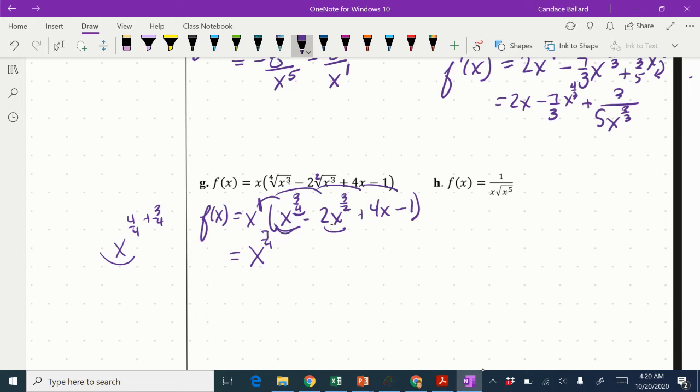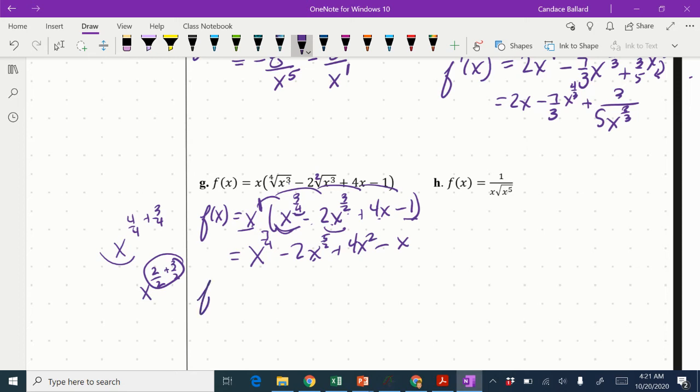To multiply by the second one, I would need it to be x to the 2 halves, so I have a common denominator. And then I'm going to add those exponents together, because when you multiply, you add the exponents. So I have the minus 2x to the 5 halves power. And then x times 4x would be 4x squared, and x times negative 1 would be negative x.